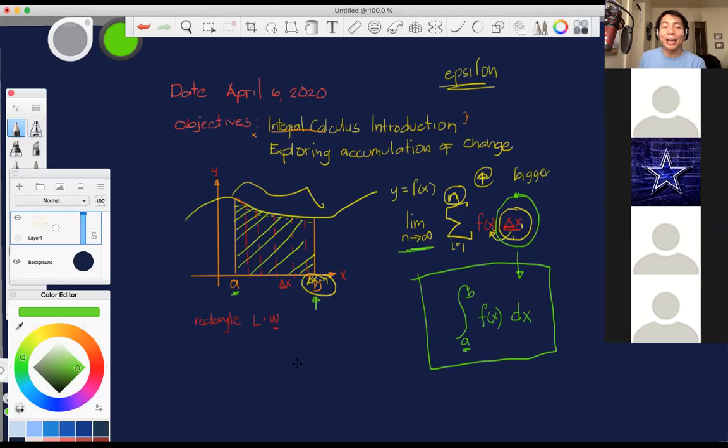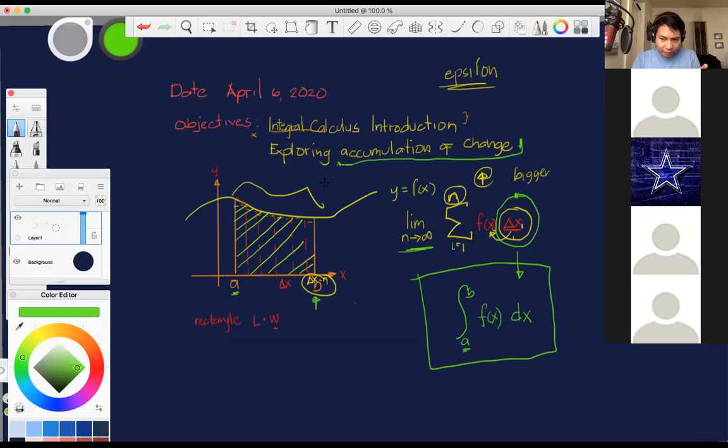Alrighty then. So guys, our next topic is about accumulation of change. Now, this one is a very good introduction also to integral calculus, but it's more of the concept of finding the area underneath a certain curve. In this case, we're just going to be using lines.